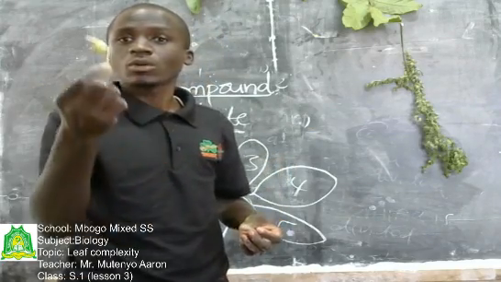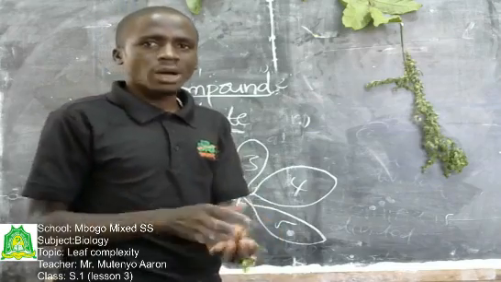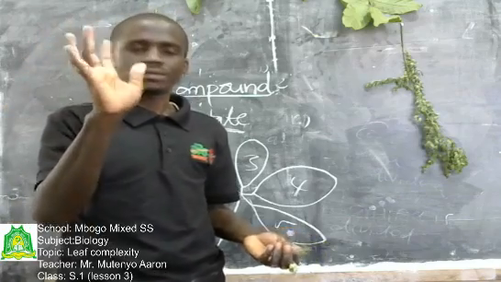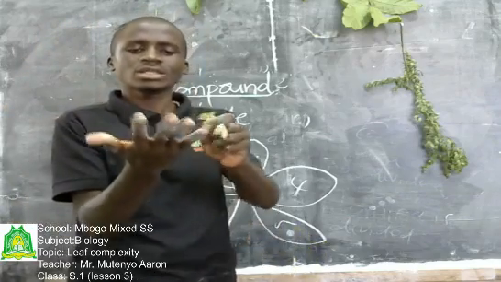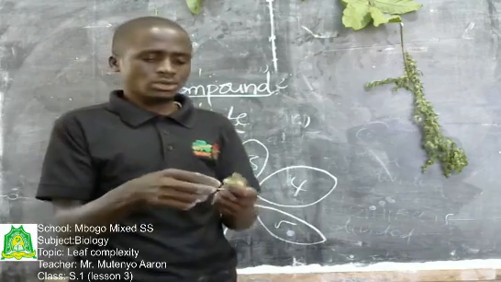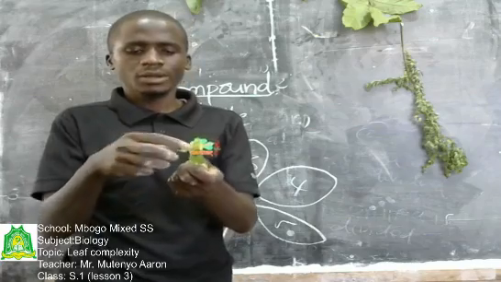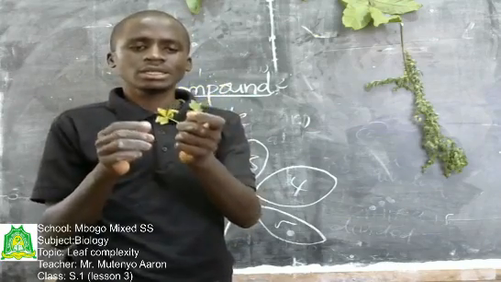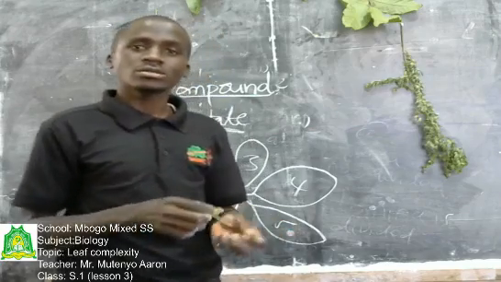At times it's called a compound palmate. Palmate comes from the word palm. Okay? So it has five digits, as you can see, our hand also has 5 fingers. So even this leaf is a compound palmate or compound digitate. So you can even try to research more after this.